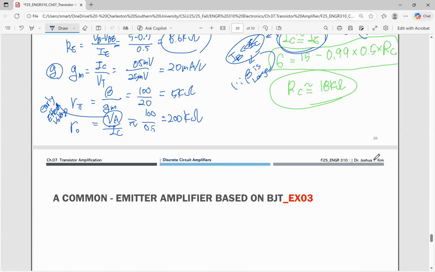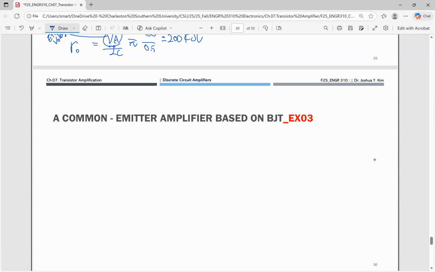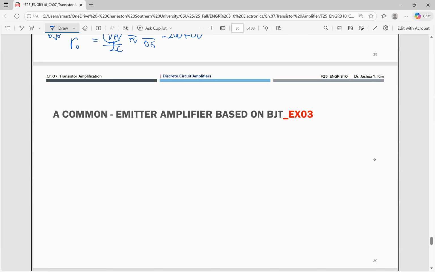So in here, we have to find the R sub in. What is needed for R sub in? The R sub B sub 1 and R sub B sub 2 and then R pi. Okay.